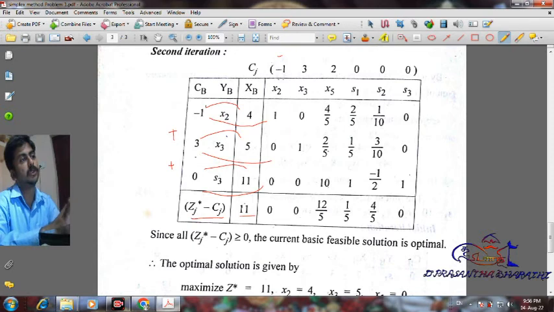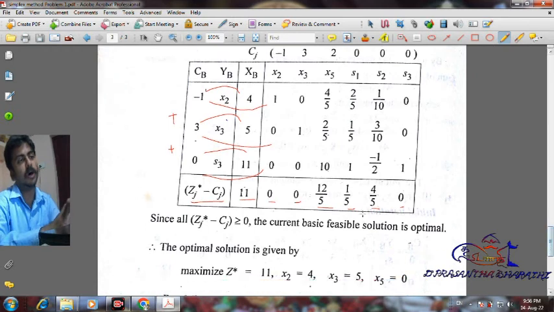So minus of minus 1, that is we are having 0, 0, 12 by 5, 1 by 5, 4 by 5, and again 0. So here all the Zj star minus Cj are greater than or equal to 0.